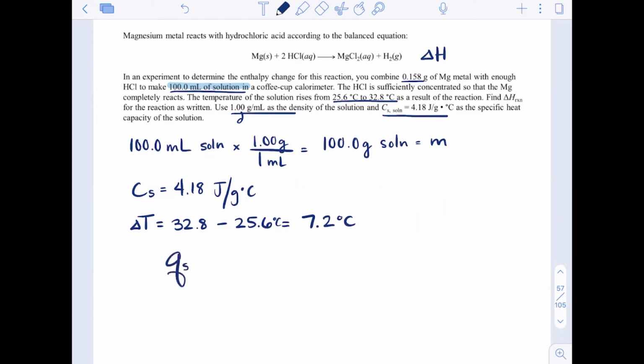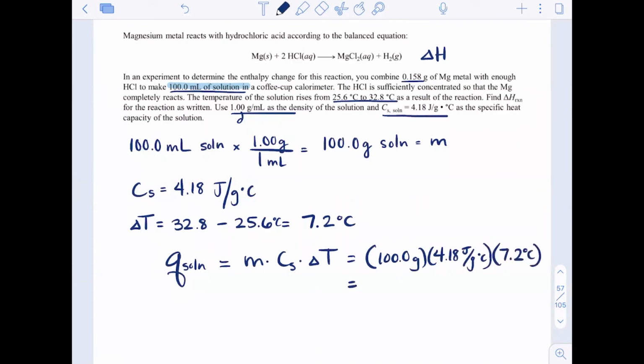So Q of the solution is equal to the mass times the specific heat capacity times the delta T, and that is going to be equal to 100 grams times 4.18 joules per gram degree Celsius times 7.2 degrees Celsius. Q of the solution is going to be in 2 sig figs.